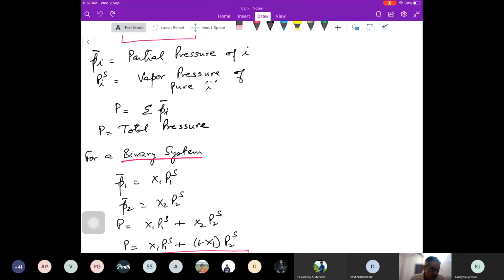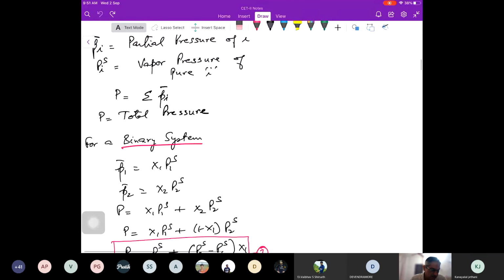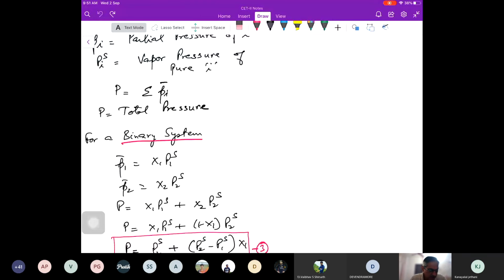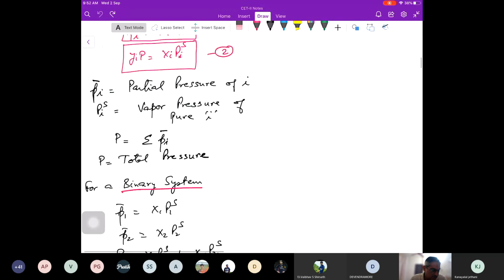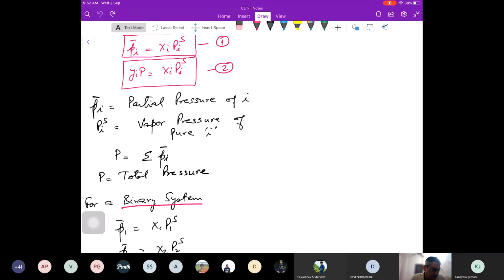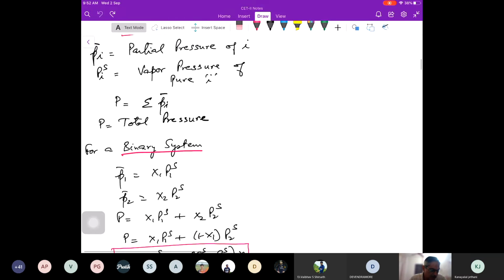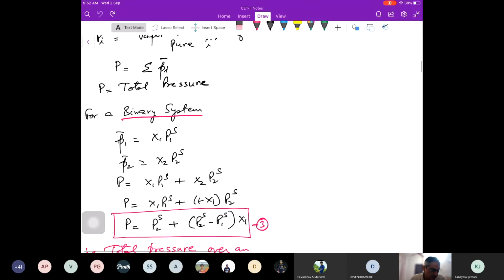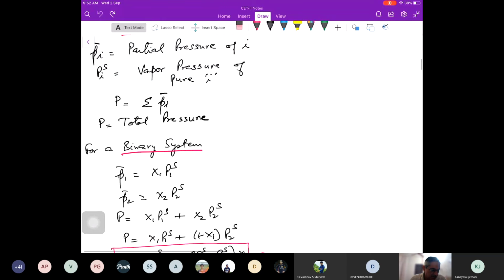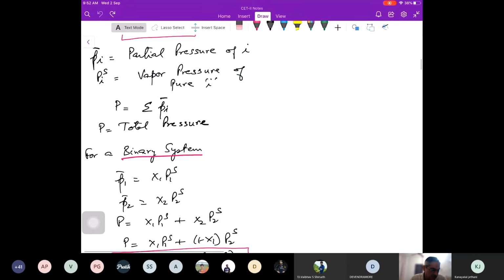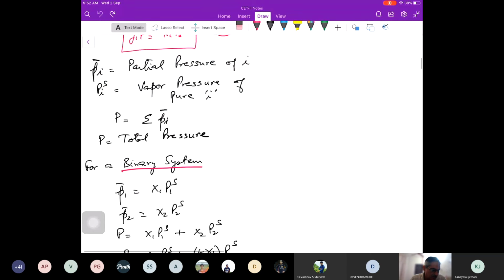So for a binary system, we know that P1 bar, or partial pressure of component 1, is equal to x1 into P1s. Applying Raoult's law, equation 1, P1 bar is equal to x1 into P1s, and P2 bar is equal to x2 into P2s. And total pressure is nothing but the summation of partial pressures by Raoult's law, right?